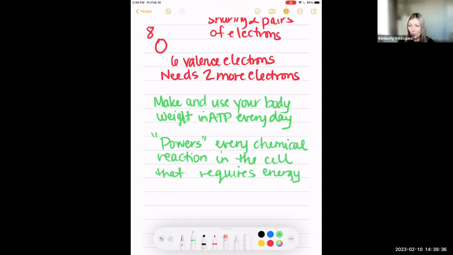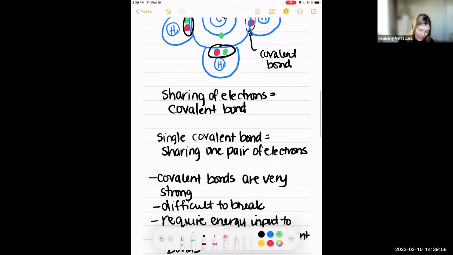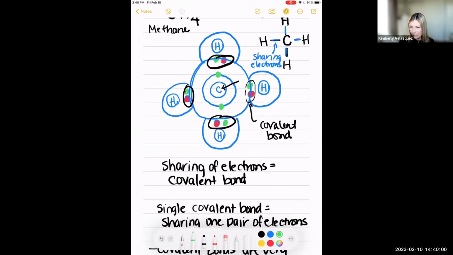So covalent bonds are really important to understand in biology. They're the strongest chemical bonds. They require energy input to form. When they're broken, that energy is released. And that is how some atoms can complete their outer electron shell and become stable, by sharing electrons to complete that outer shell.